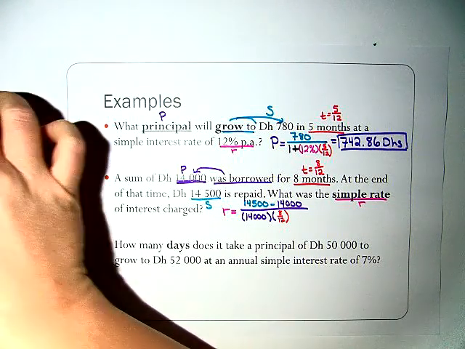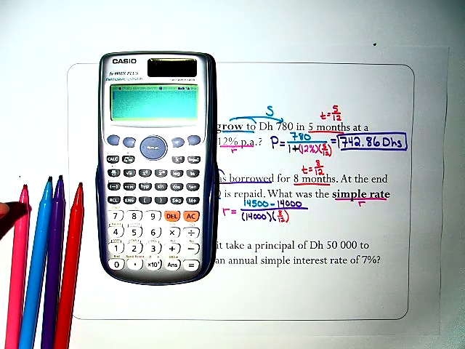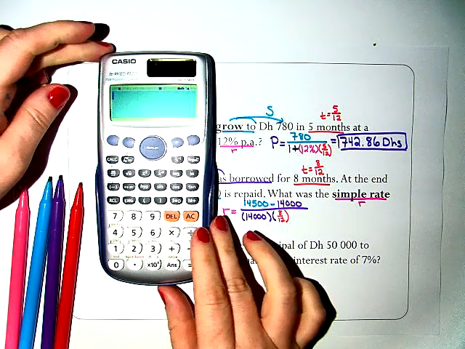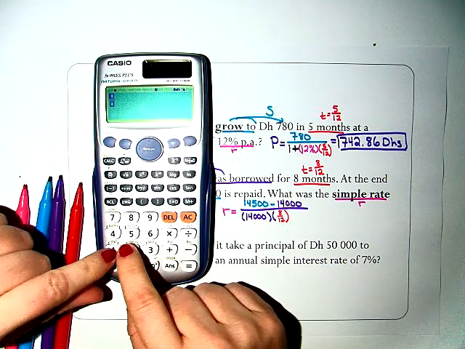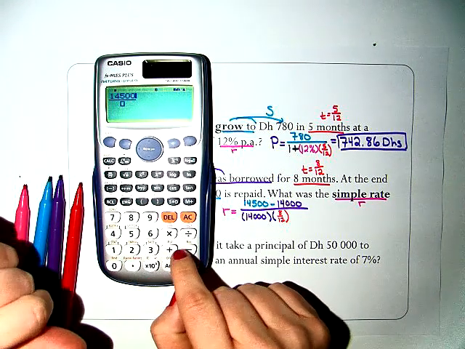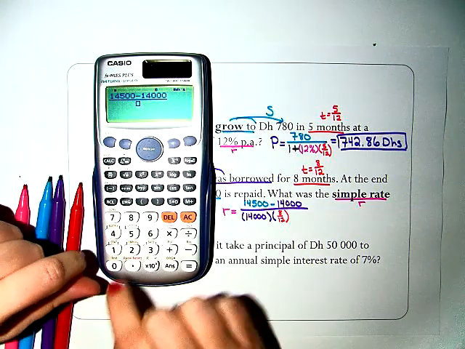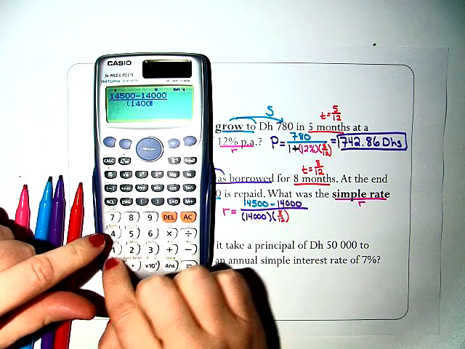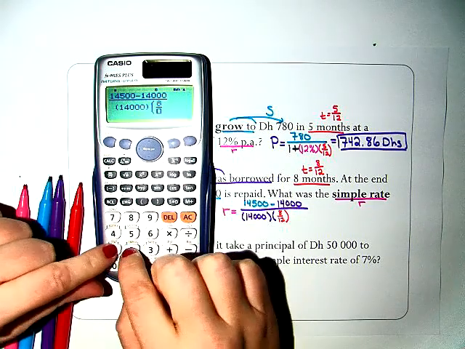So we're going to put that into the calculator. Now remember, rate is always as a percentage, so you will need to multiply by 100 because the answer you'll get is a decimal or a fraction. So we're going to do the fraction. 14,500 minus 14,000 divided by 14,000 times another fraction, 8 over 12.